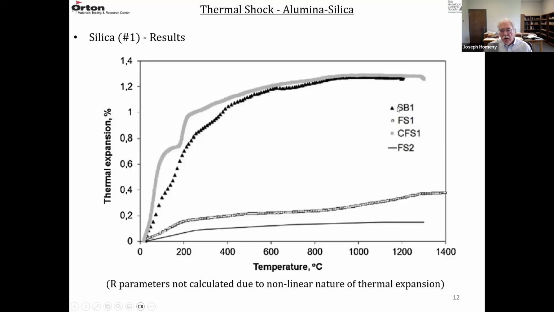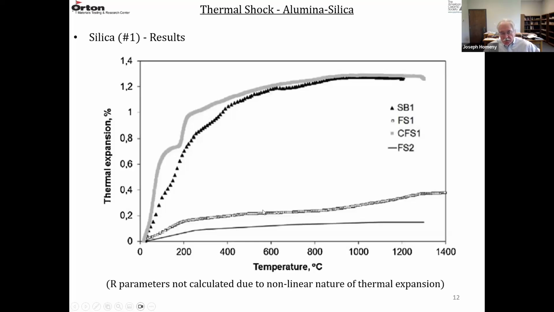And then the triangles is the SB1, a crystalline silica brick. And then the gray colored squares are the crystallized fused silica brick, CFS1. So once it's crystallized, it has the typical behavior for a crystalline silica brick, and these rapid increases here in thermal expansion are due to the phase transformations of cristobalite and tridymite.